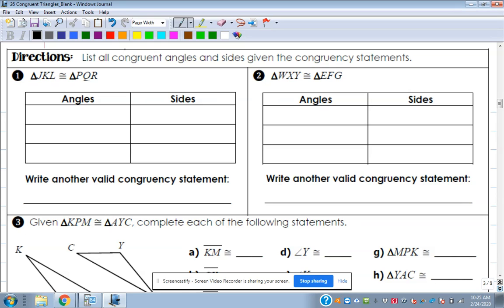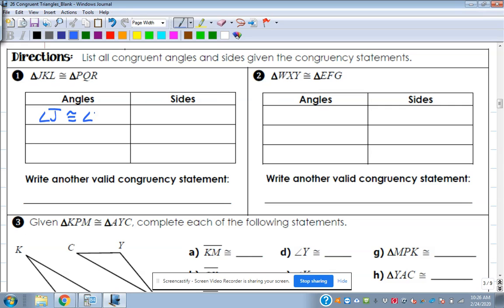All right, so on the left side of that little chart, we're doing angles. On the right side, we're doing the side congruences. Your congruency statement says triangle JKL is congruent to triangle PQR. The angles are the easy part. Angle J would be congruent to which angle?